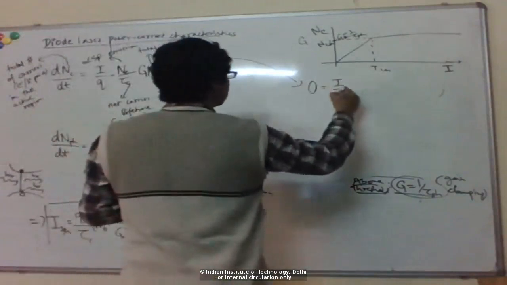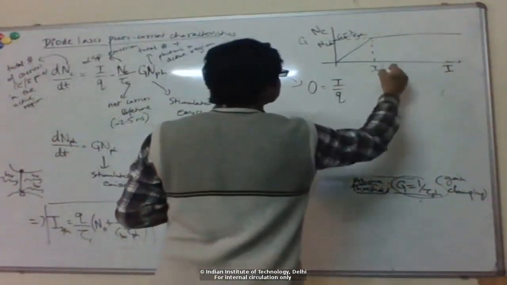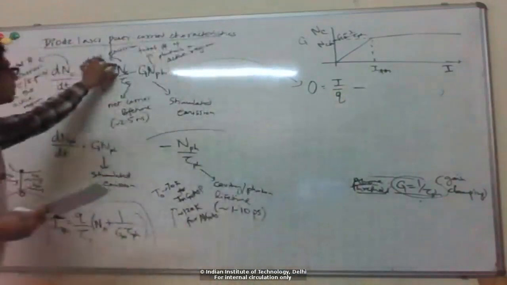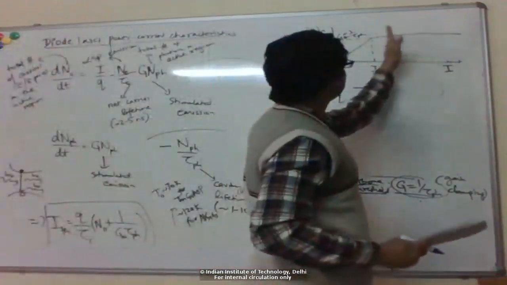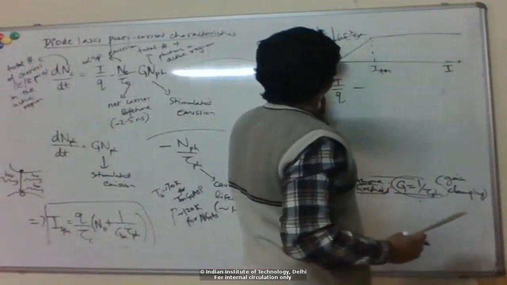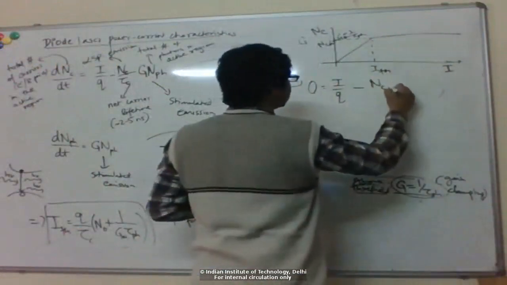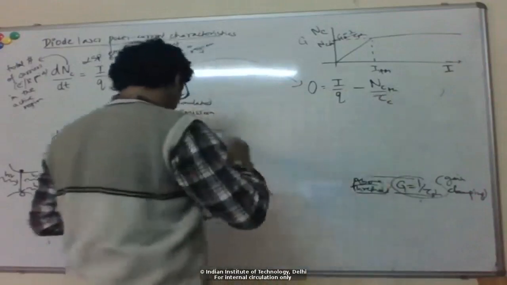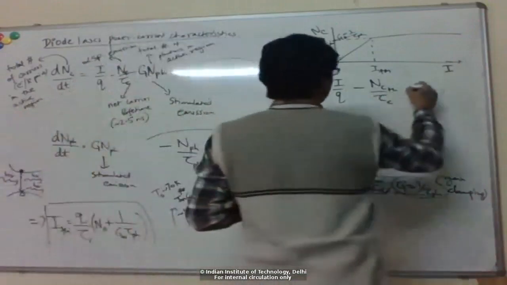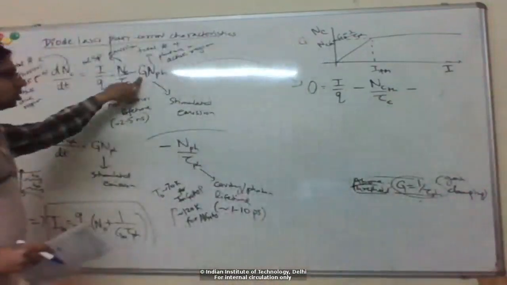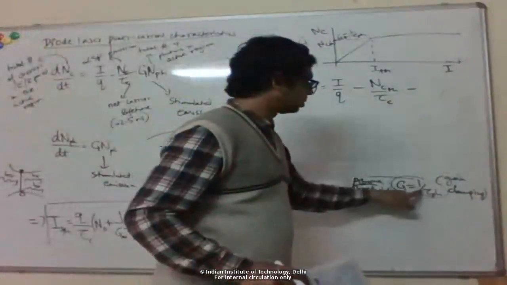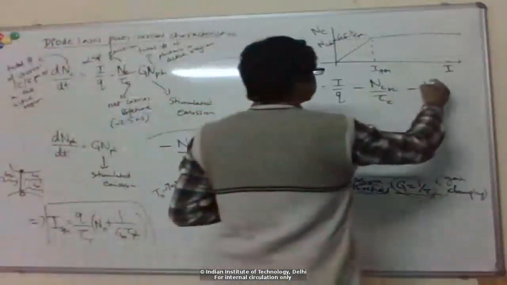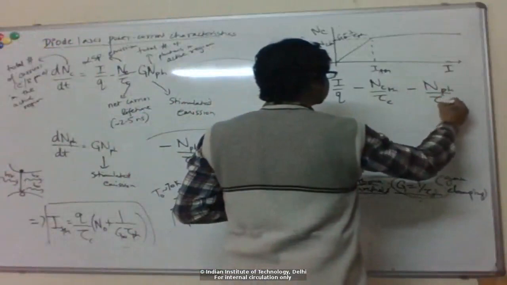So now I have I over Q, where I is greater than I threshold. The number of carriers is now clamped, so for any current above I threshold, this NC is just NC threshold. And G I know is just 1 over tau photon for any current above threshold. So this term I can write like this.